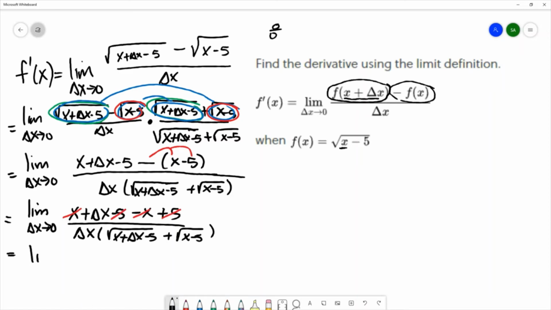So we're left with a delta x in the numerator, which will cancel with that delta x in the denominator. So we have those delta x's canceling out.